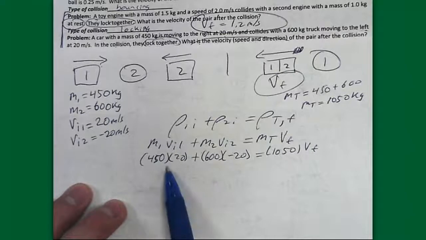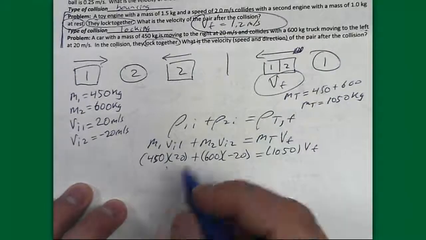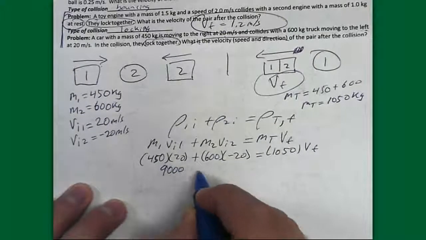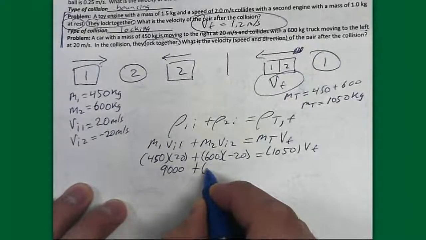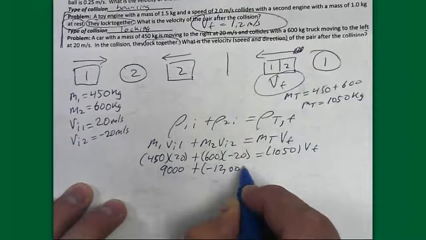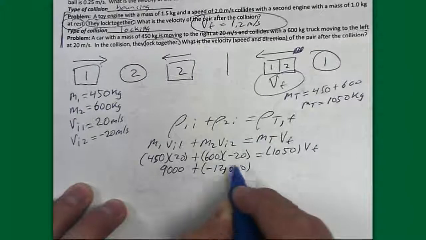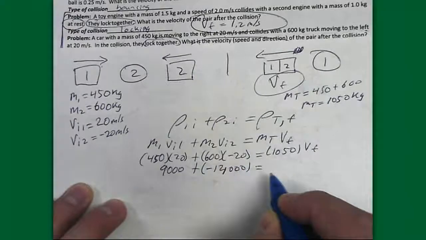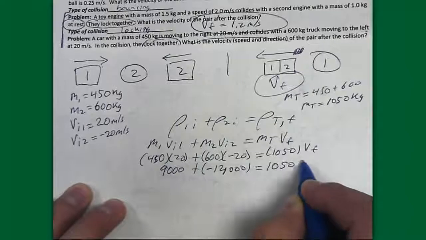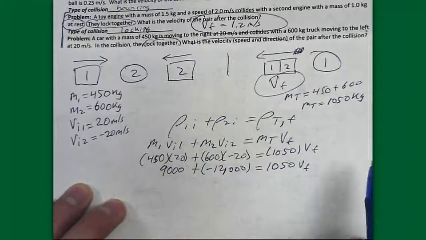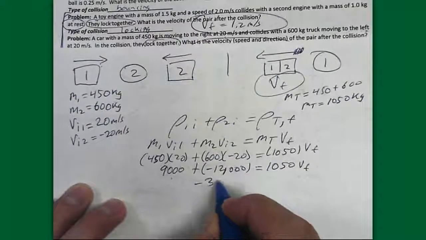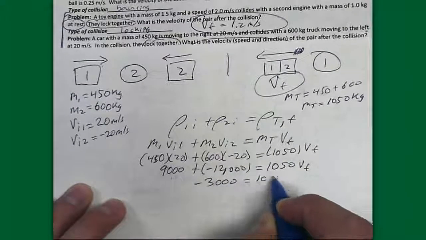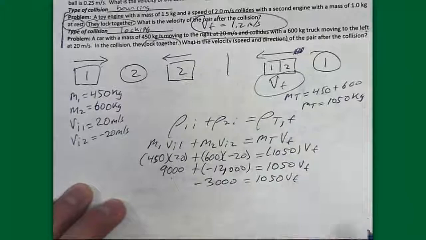Arithmetic work: 450 times 20 gives you 9,000, plus 600 times negative 20, which gives you negative 12,000, equals 1050 VF. 9,000 minus 12,000 gives us negative 3,000, and that equals 1050 VF.